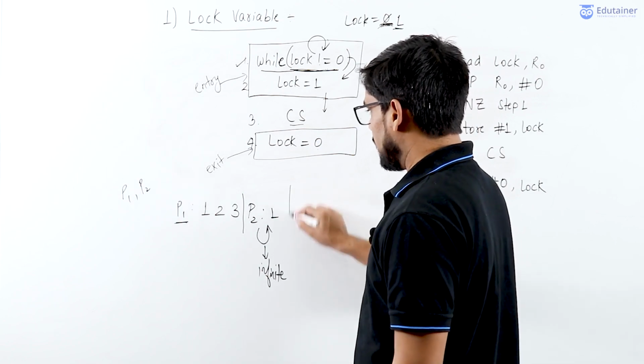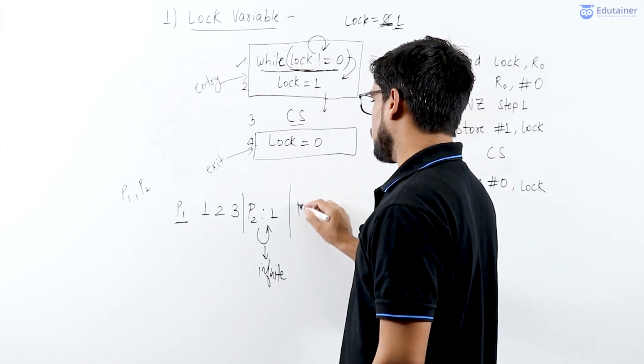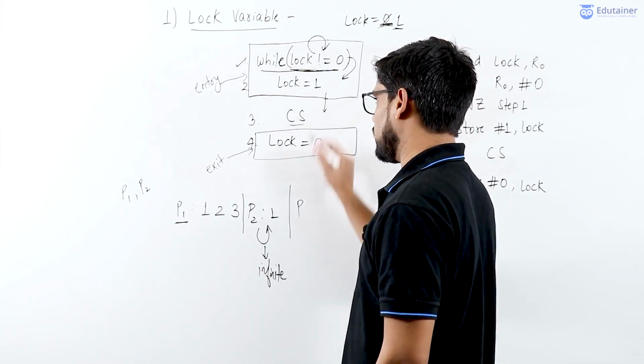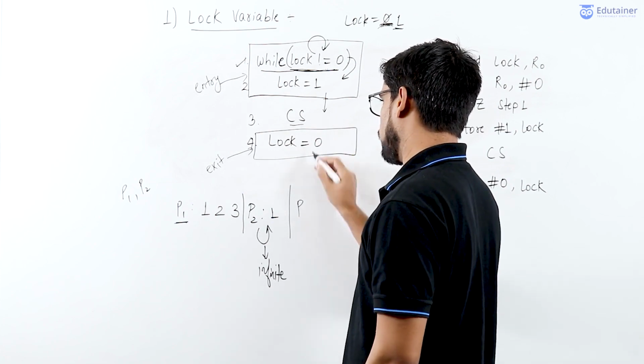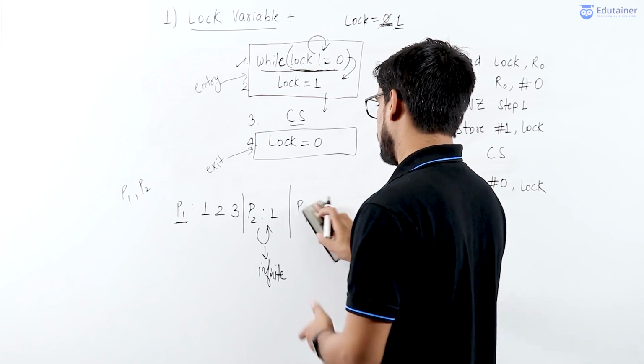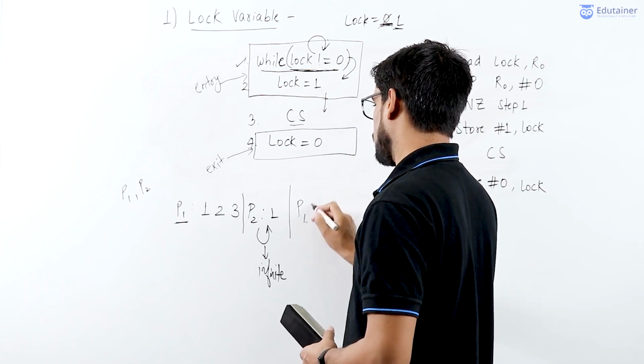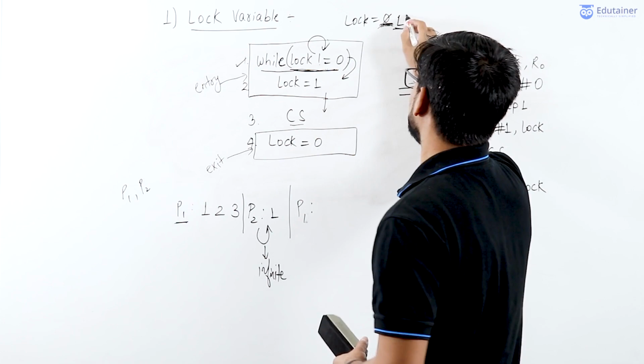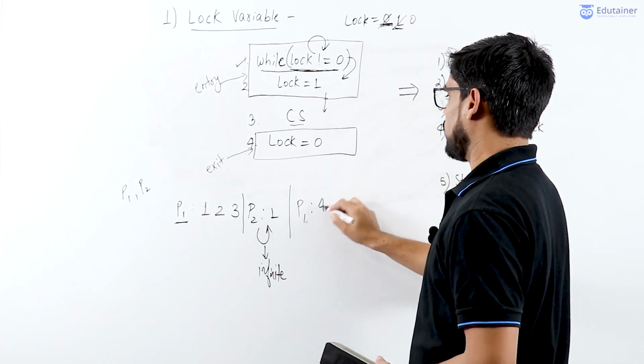Assume that process P1 completed its execution in the critical section, so it wants to leave the critical section. It will execute line number 4 and make lock equal to 0 again. So what happened?